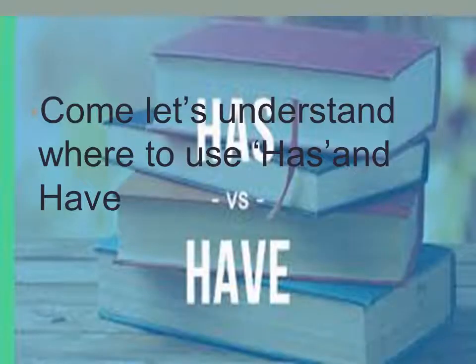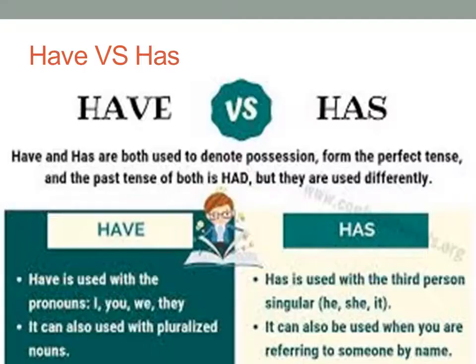Come, let's understand where to use. Has and have are both used to denote possession and form the perfect tense, and the past tense of both is had, but they are used differently.